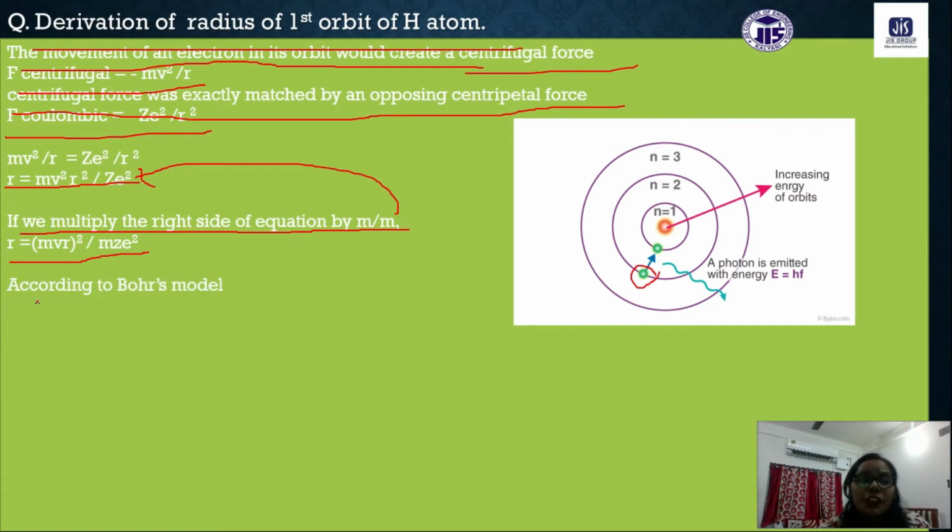So according to Bohr's model, what will happen? Look, this mvr is angular momentum, as I told you, the angular momentum of the electron, that is equal to nh by 2 pi.